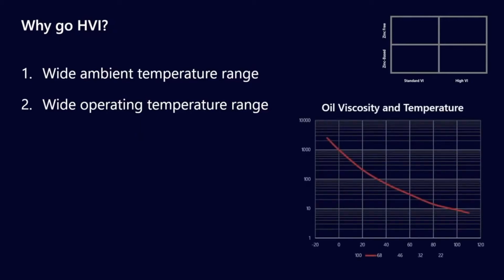I've put this chart up a couple of times, and basically if we were to go to a higher viscosity index, your viscosity at 40 degrees Celsius is the same, but it would maintain more viscosity at a higher temperature. And that would be desirable, particularly where we see wide operating temperature ranges. In the hydraulic space, it's now all about reducing the size of the hydraulic pack.